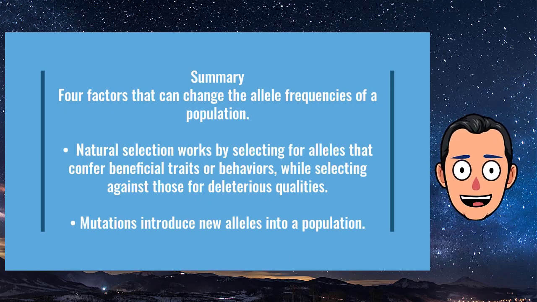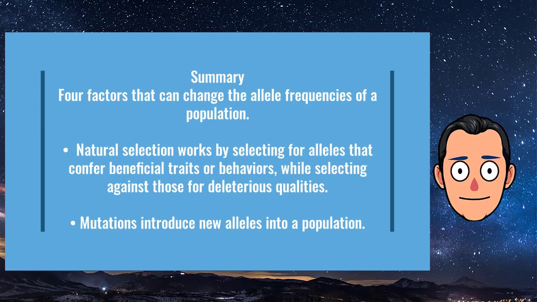In summary, there are four factors that can change the allele frequencies of a population. Natural selection works by selecting for alleles that confer beneficial traits or behaviors, while selecting against those for deleterious qualities. Mutations introduce new alleles into a population.